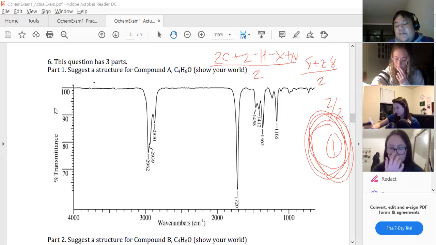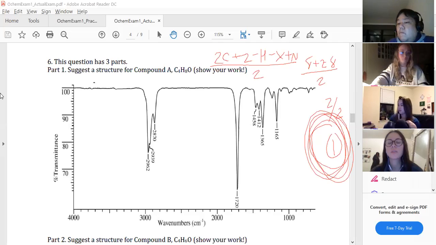If you do that calculation, has she told you guys this? It tells you how many double bonds or rings there are in total. So how many rings or double bonds in total do you guys have in this one? One, right? It's right there in that formula. Does that make sense? Mag, do you see that calculation? Do you remember it? Are you okay with it?